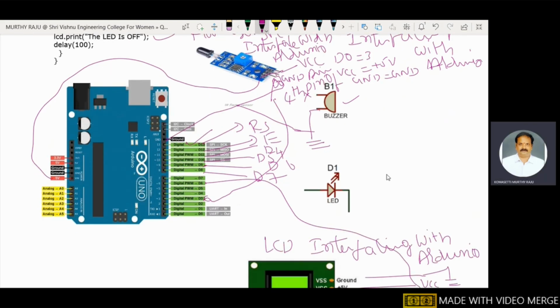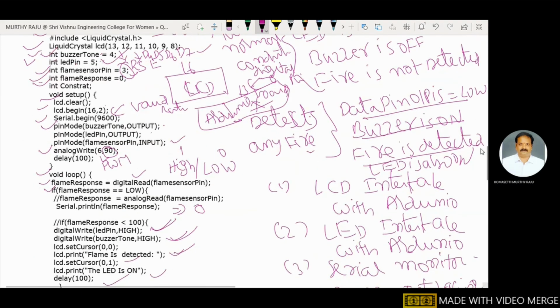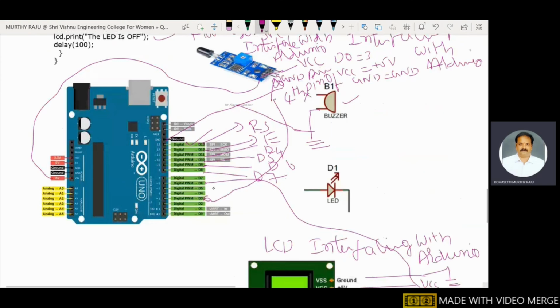Next one, LED. For the LED, the pin is 5. The fifth digital pin of the Arduino board is connected to the anode of the light emitting diode through 220 ohms.